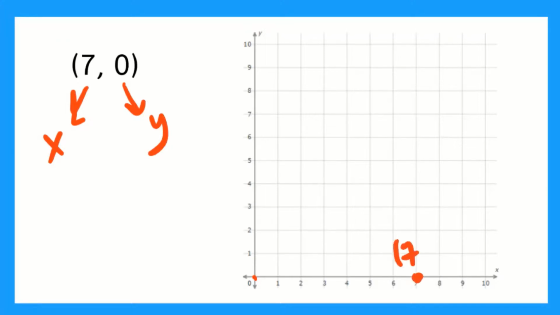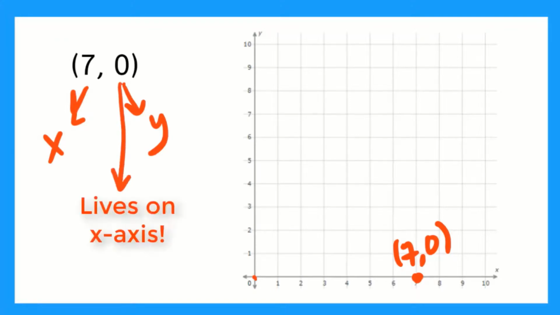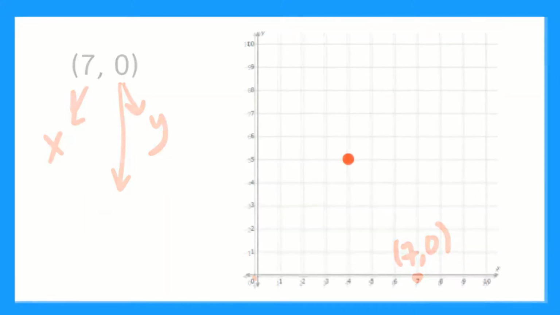That point, 7, 0, that my ordered pair tells me, lives on the x-axis. So just like the last problem, anytime we have a 0 in our y-coordinate, that point is going to live on the x-axis. Let's try a different style problem.